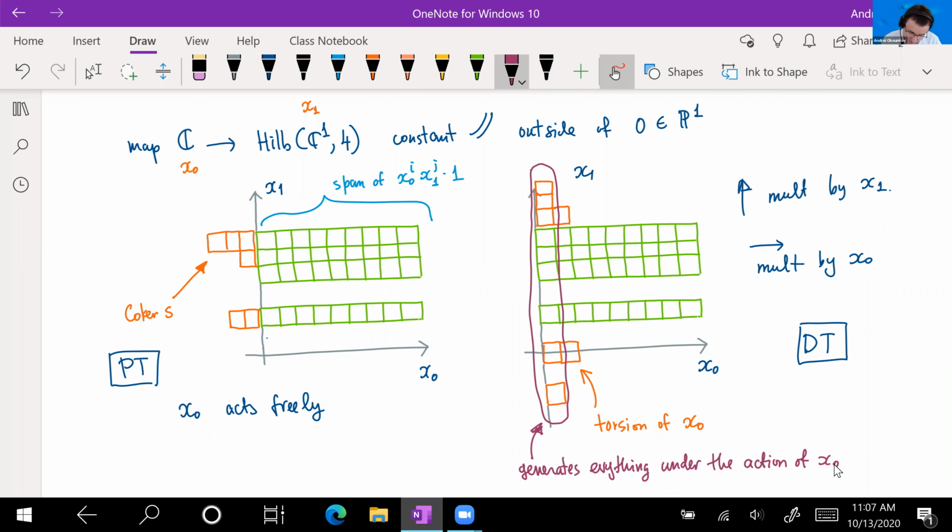So here, multiplication by x naught doesn't kill anything, but here it does kill things, and so things get smaller and smaller. On the other hand, here there are some parts that we're missing, some part that extends in the negative direction of x naught.